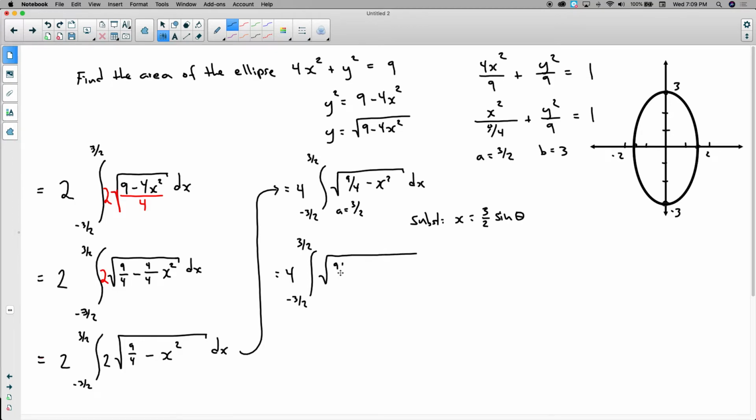I've got 9/4 minus x squared, but x squared is now 3 halves sine theta times itself, so then that's 9/4 sine squared theta.